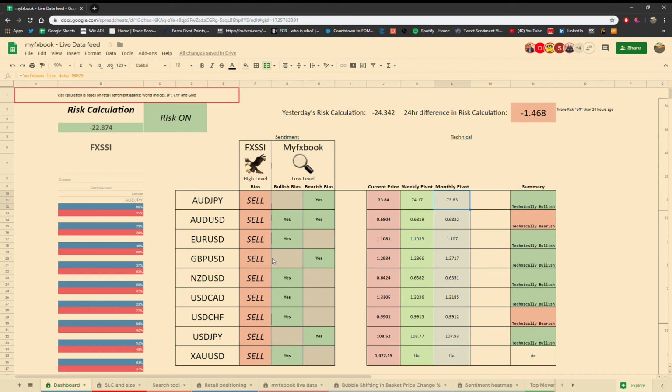Okay. Now the pound USD is a sell at the high level and a sell at the low level, but we're technically bullish. We're very, very far above the monthly pivot. So 1.2934, the monthly pivot is 1.2717. So we wouldn't sell the pound USD because it hasn't ticked that box. So that's what that means.